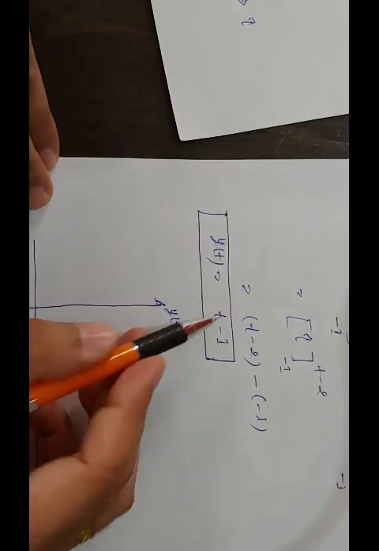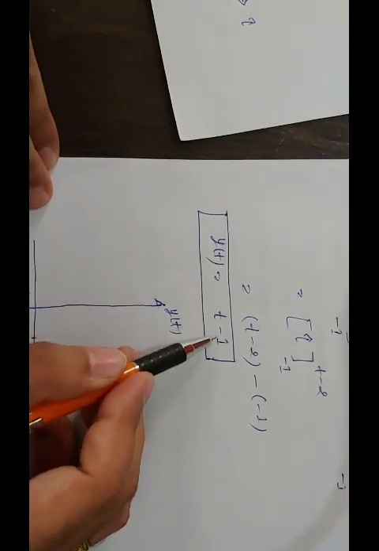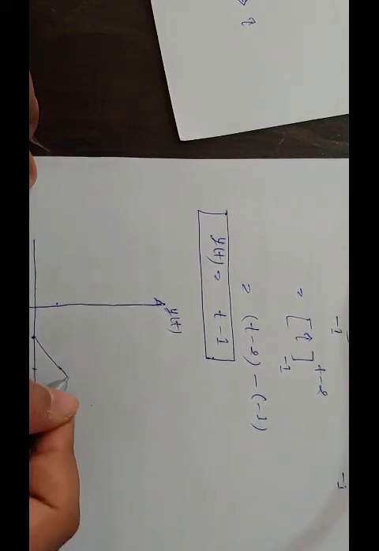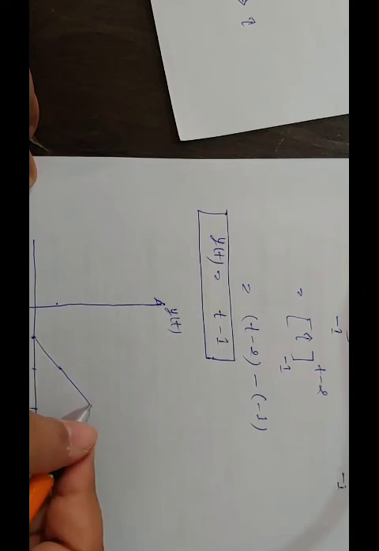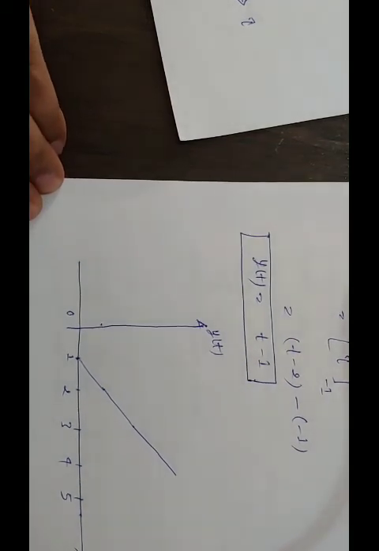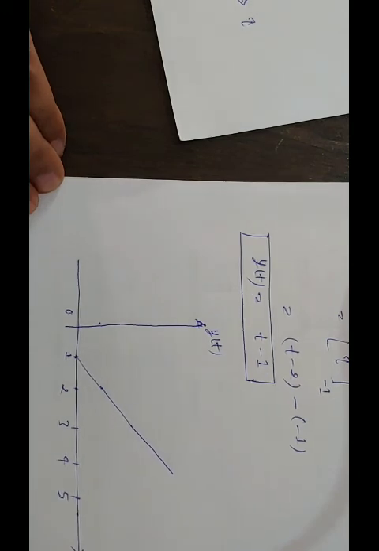Let us mark 1, 2, 3, 4, 5. If t is 1, then 1 minus 1 equal to 0. If t is 2, I get 1, and if it is 3, I get 2. So I am getting a ramp function like this, a time shifted ramp function. This is my y of t.